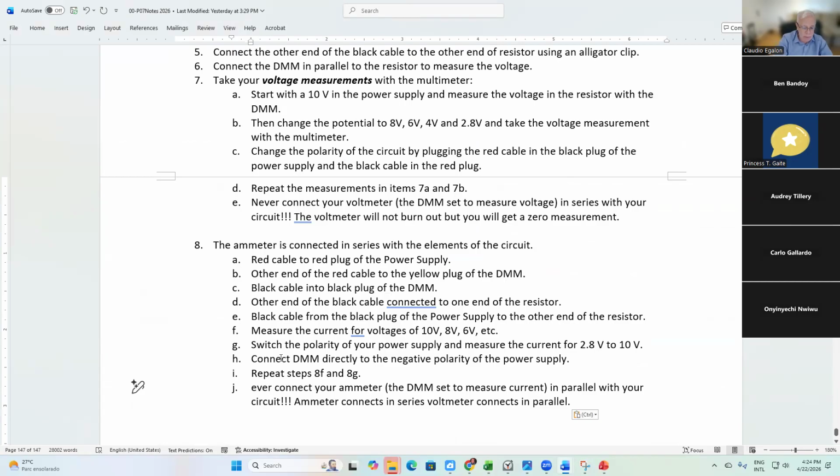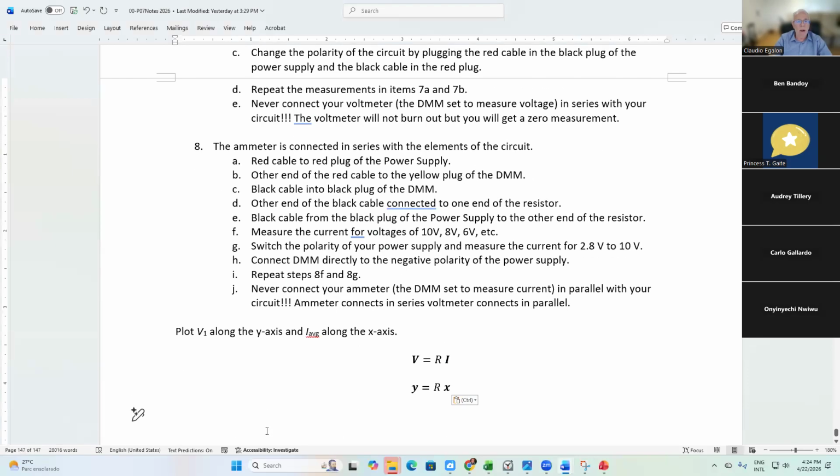Never connect your ammeter in parallel with your circuit. Remember that Ohm's law: V equals R times I. We measured V, we measured I, we measured R as well, right?